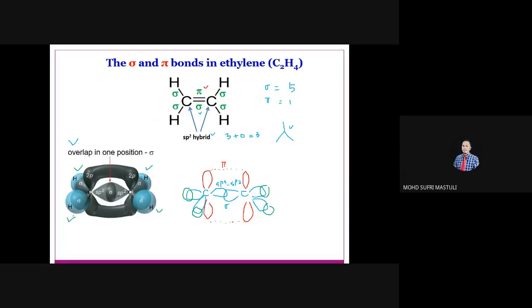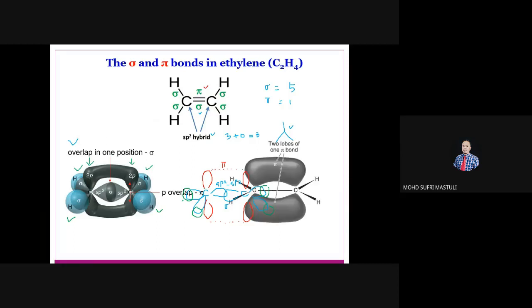Okay, so the sigma bond between the carbon and carbon is the overlapping of sp2 and sp2, and the overlapping of the py and py forms the pi bond. So you can draw it like this, or also like this, or also like this. Okay, all right.